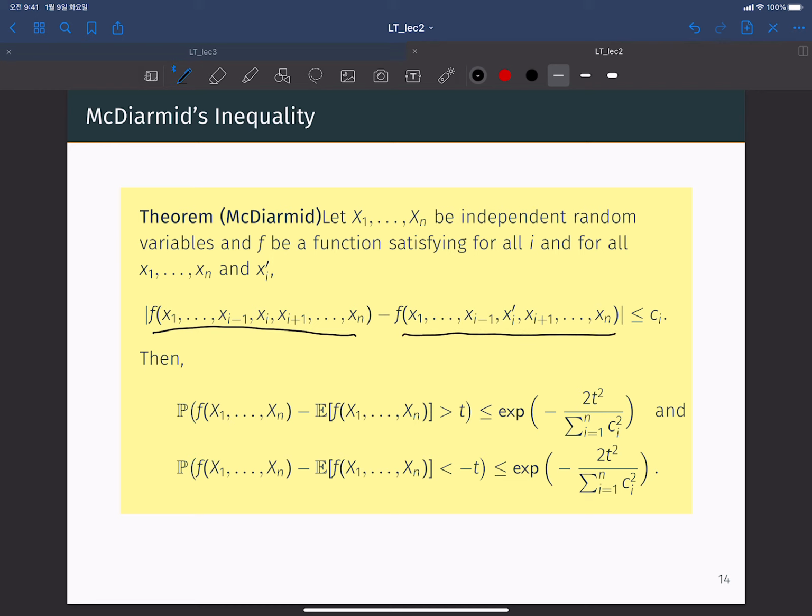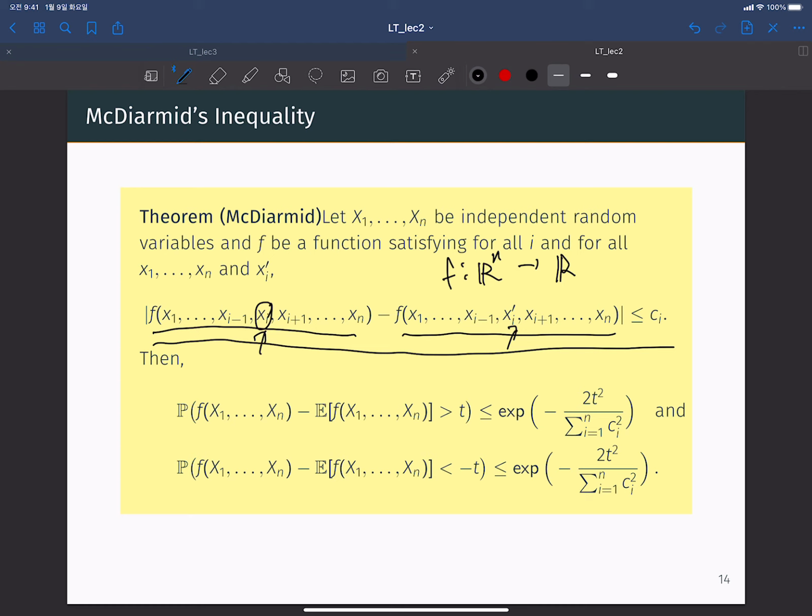In other words, there are n input elements, so f is a scalar-valued function with input space the n-dimensional real space. And f has a bounded difference property: when you deviate one single element, the value difference is at most ci. That is our assumption on function f.